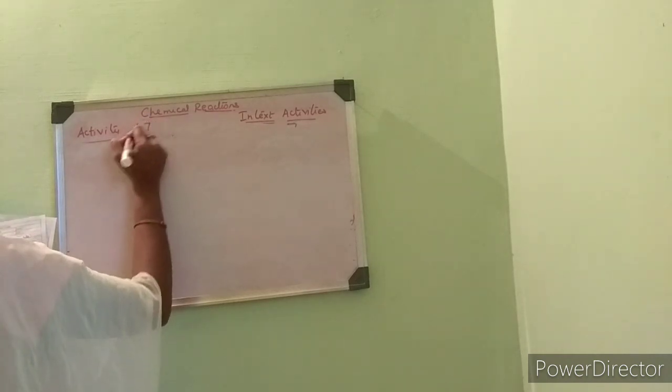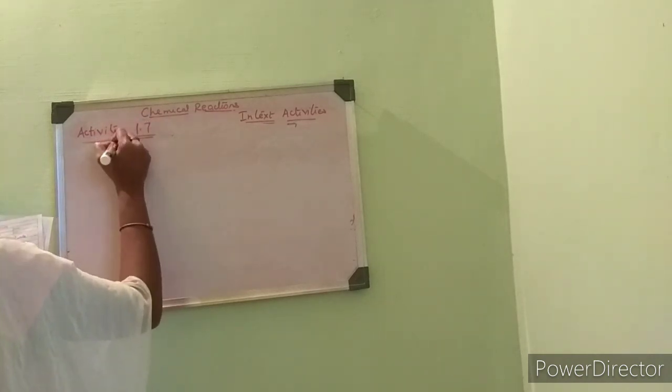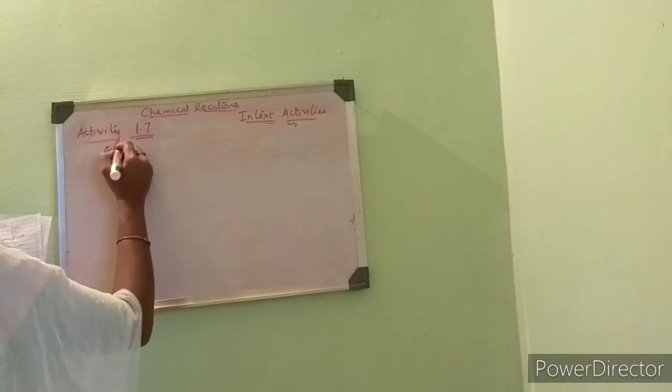Activity 1.7, we have already discussed this. It is electrolysis of water.